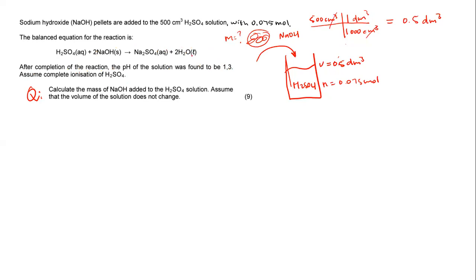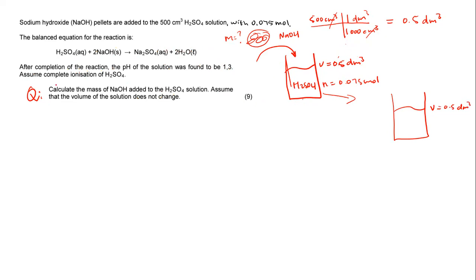For this reaction to be complete, to form these final products, in the very same beaker, after completion of the reaction, remember, assume that the volume of the solution does not change. So the volume of the solution after addition of these two still remains 0,5 cubic decimeters, okay?